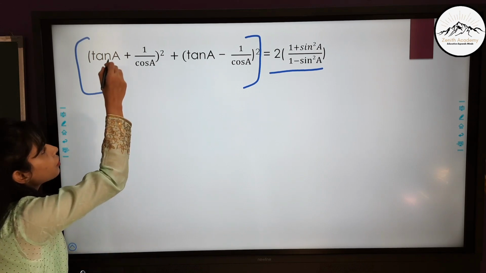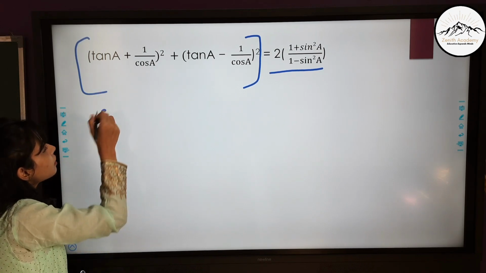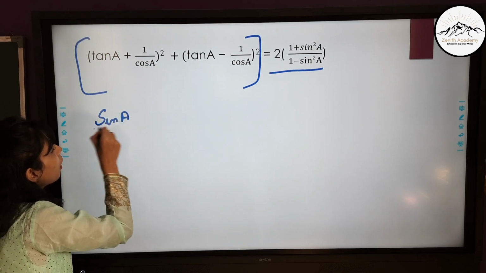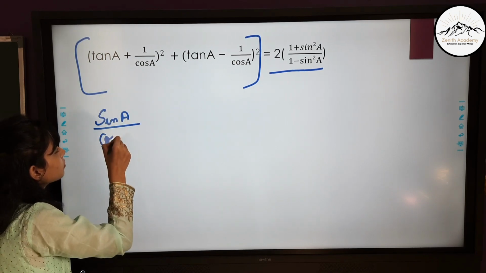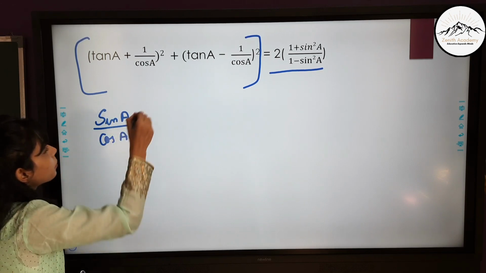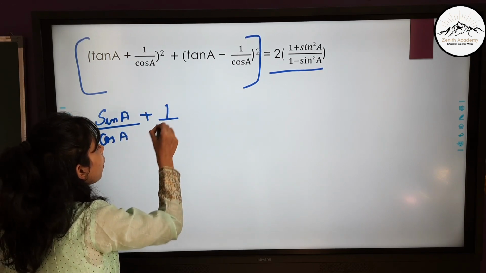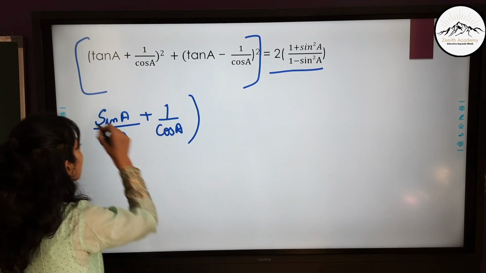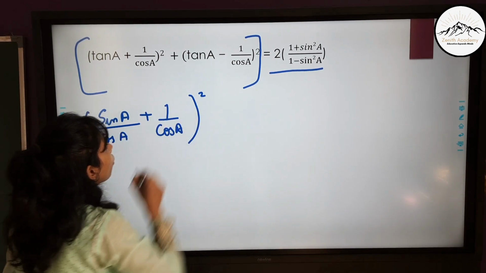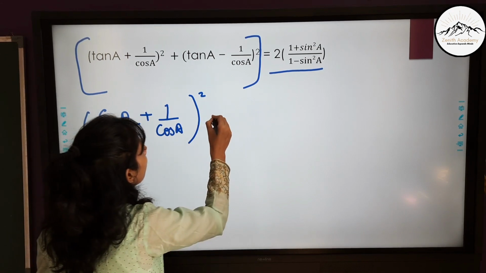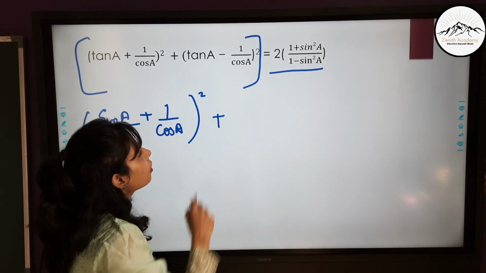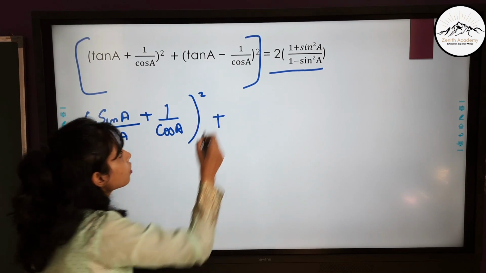Now see, for tan we know we can write this as sine a upon cos a plus 1 upon cos a whole square plus tan a minus 1 upon cos a whole square.